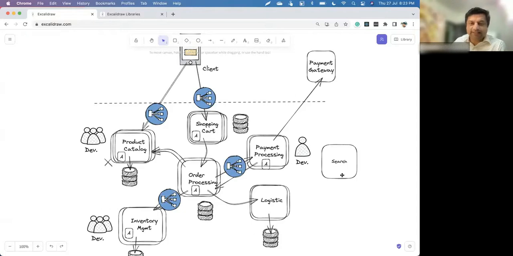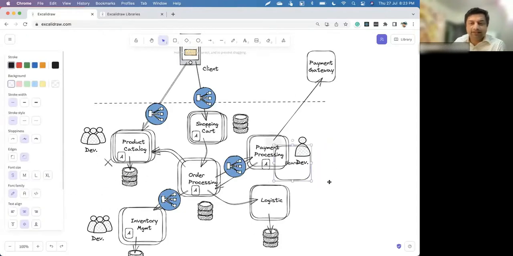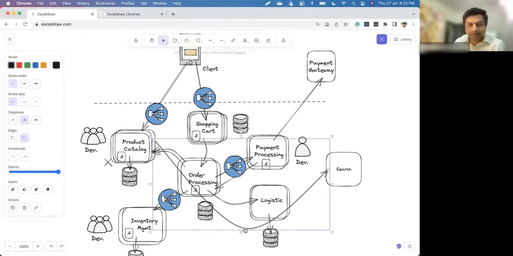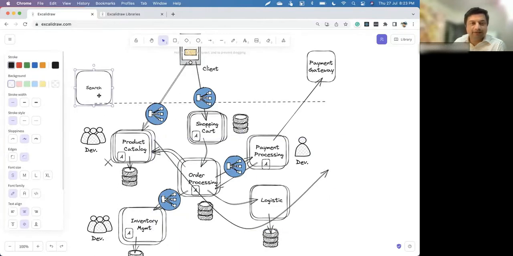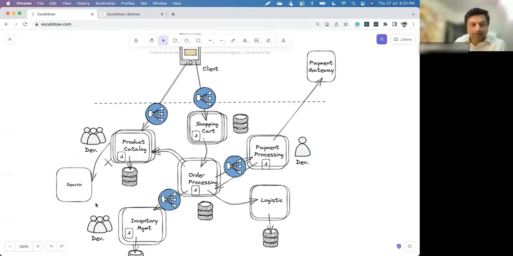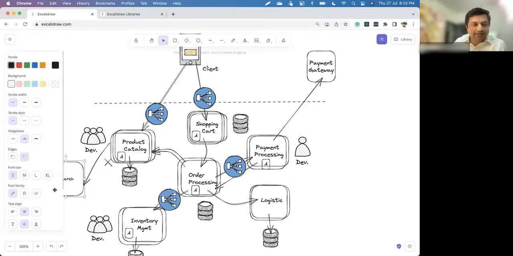If I create this search as a microservice, it provides a lot of flexibility because it can be used to search for products when the product catalog calls it. So maybe I should place it somewhere near the product catalog, let's say here. There are various benefits of microservices, because sometimes it can promote reuse, since everything is a separate service. So much of the business functionality can be shared.